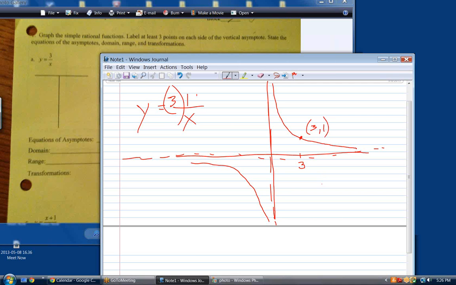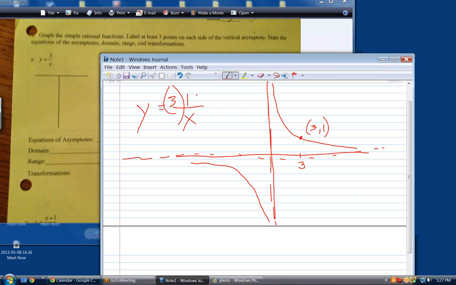We need 3 points in this first quadrant here. Just pick values for x. What if x is 1/2?